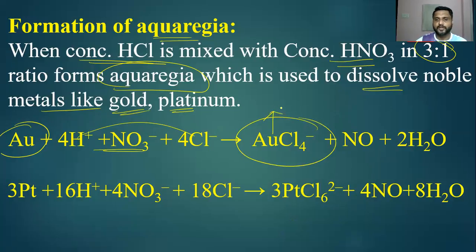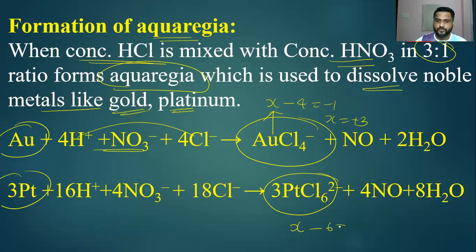The oxidation state: X minus 4 is equal to minus 1, so X is +3. Platinum forms the complex PtCl6 2 minus: X minus 6 is equal to minus 2, so X is +4. Here Cl minus is the ligand, forming complexes with gold and platinum.